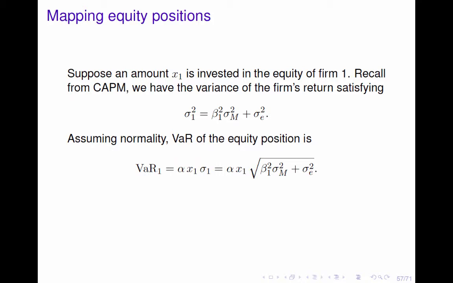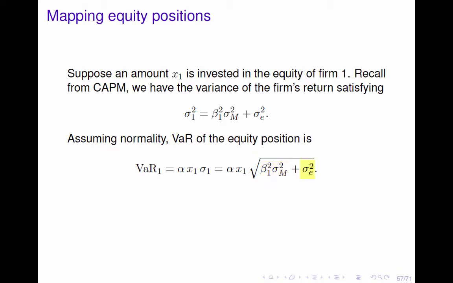Here, beta 1 is the beta of the equity of firm 1, sigma m squared is the variance of the market portfolio, and thus beta 1 squared times sigma m squared is the systematic risk of the equity, which cannot be diversified away as long as the equity has a non-zero beta.